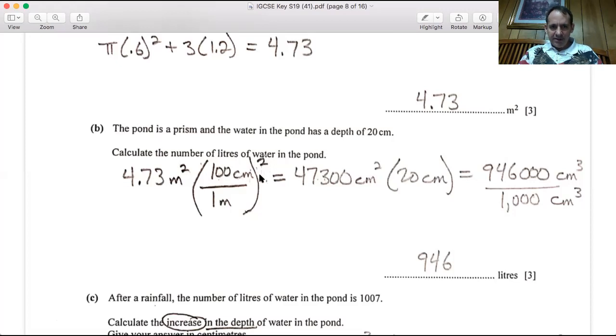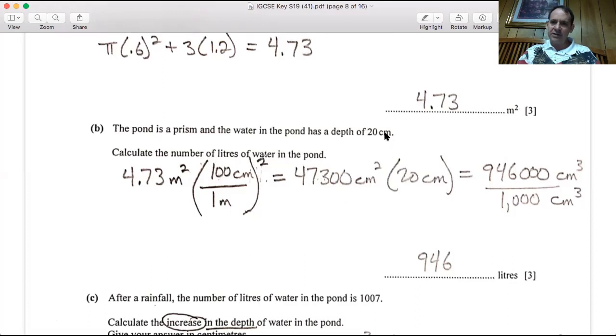So we multiply this out, and it gives us 47,300 square centimeters. That's the area in centimeters squared. Now times the depth, 20 centimeters, gives us 946,000 centimeters cubed.